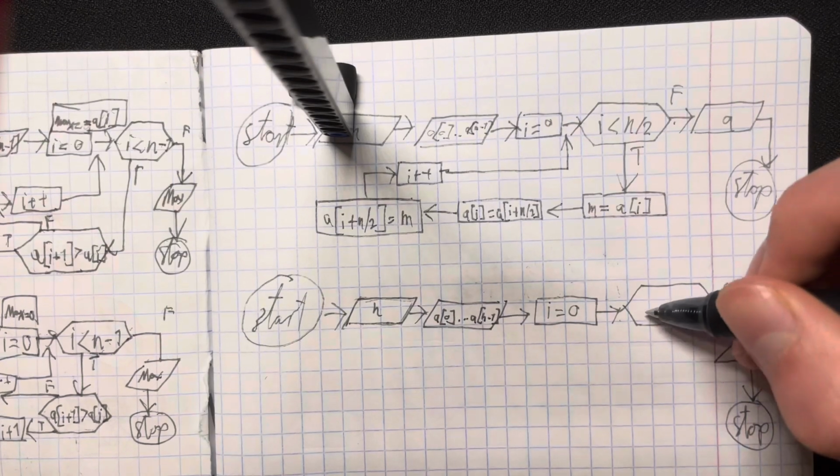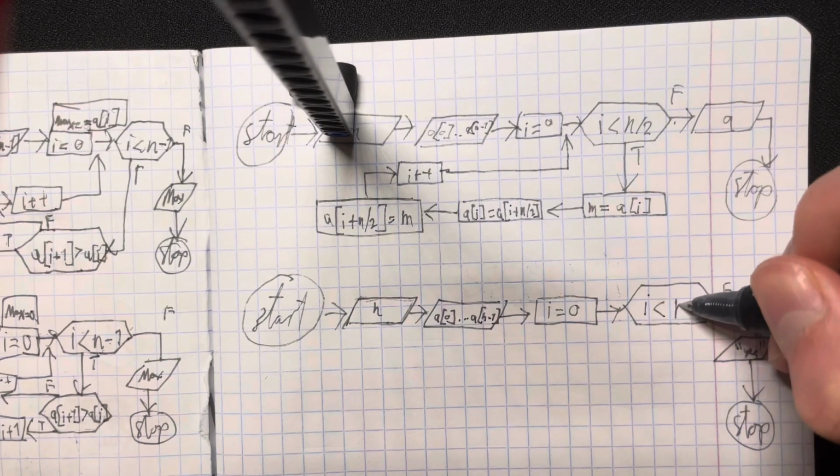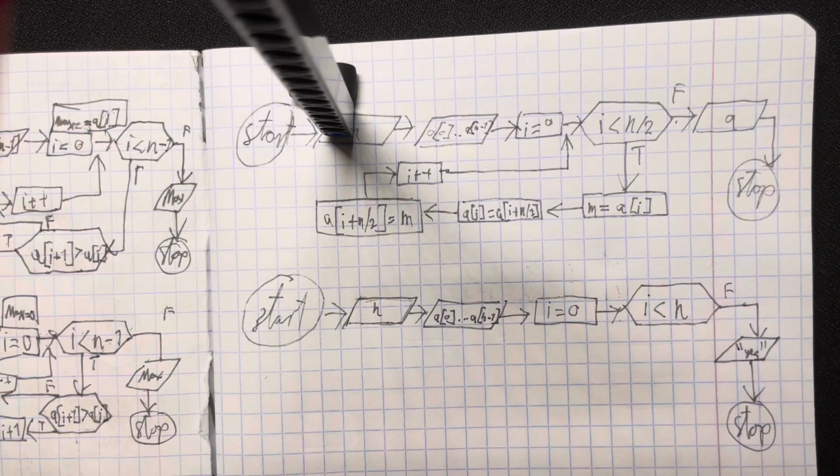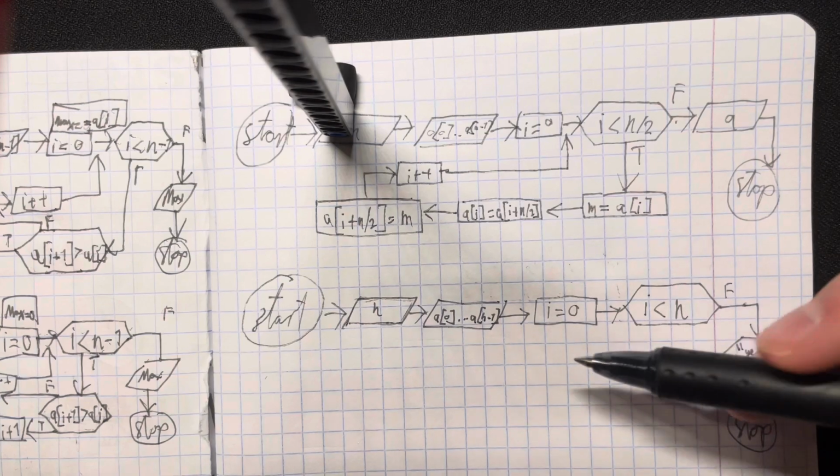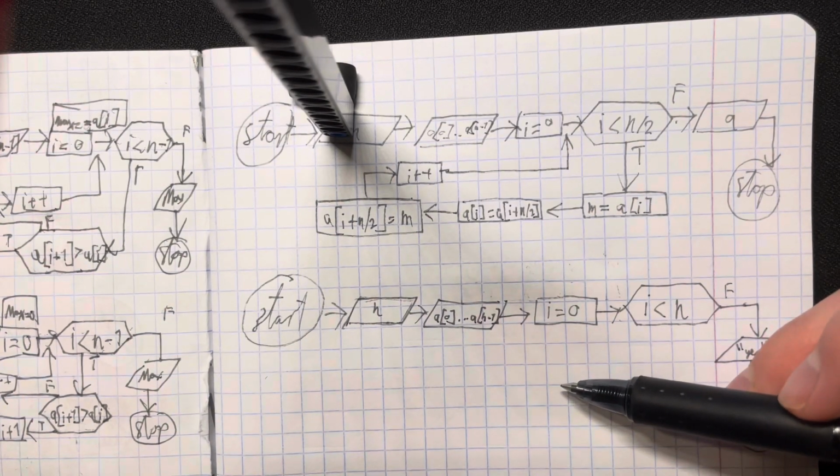Now, I didn't write it in here, but now you might think this is correct. This is not correct, because here we'll be checking ascending order. So we'll be comparing one after the other.